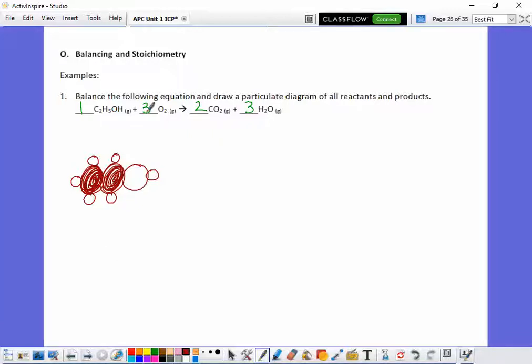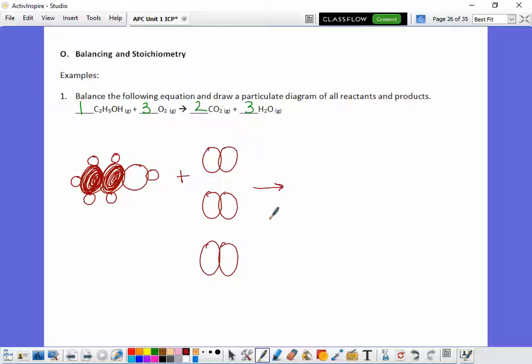Now for oxygen, I have 3 O2s. What did I use to represent oxygen? Big open circle, right? So how many of these am I going to draw? 3 of them. And it's going to be diatomic.